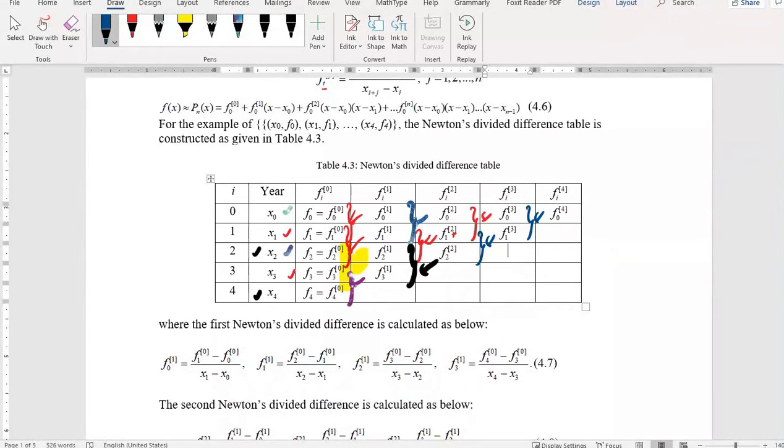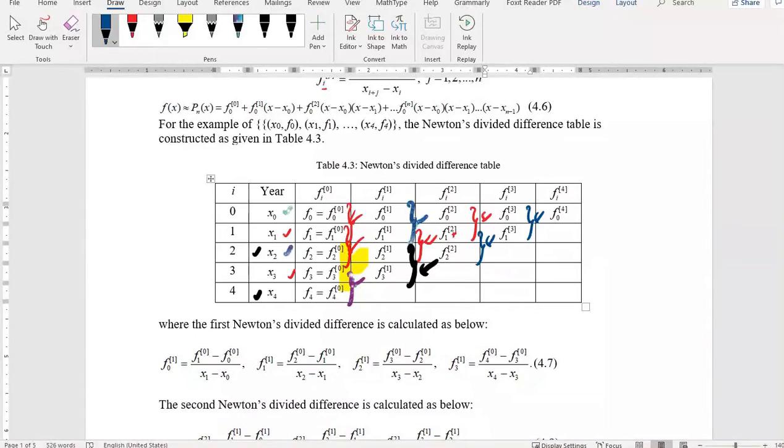For the second one it will be x4 minus x3. This one gets 1 value, this one gets 2 values, and this one will be x4 minus x0, so it gets 3 values. So for the second level, in the difference of X you have gaps: next F02, x2 minus x0, so you have 1 gap. This is x3 minus x0, 2 gaps. This one, x4 minus x0, 3 gaps.